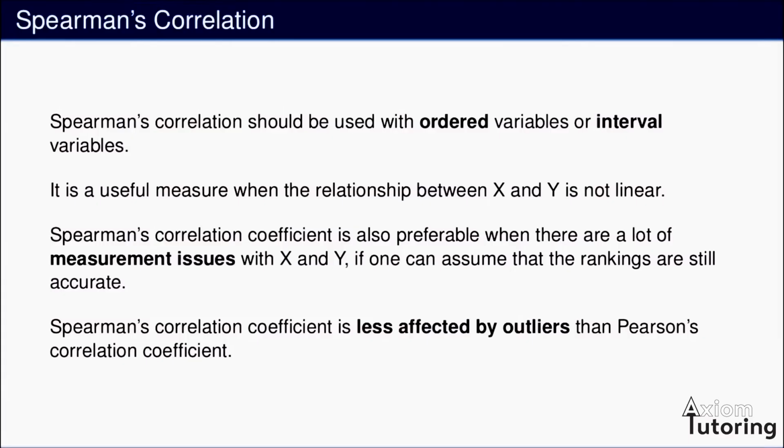And Spearman's correlation coefficient can also be useful when there are a lot of measurement issues with x and y, if we can assume that the rankings are still accurate, because that could distort Pearson's correlation quite a lot, whereas if the rankings still remain the same, it won't affect Spearman's correlation coefficient as much. So Spearman's correlation coefficient is less affected by outliers than Pearson's correlation coefficient.